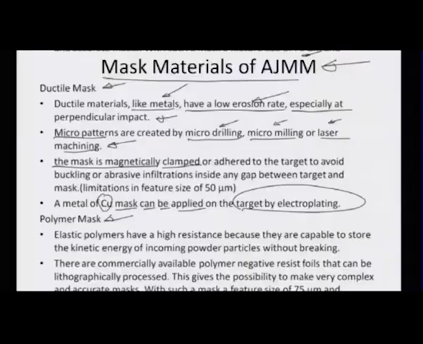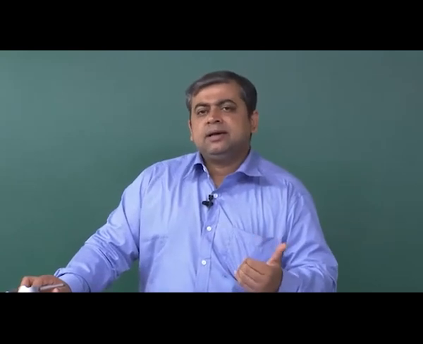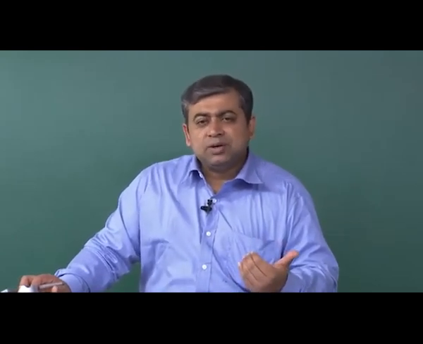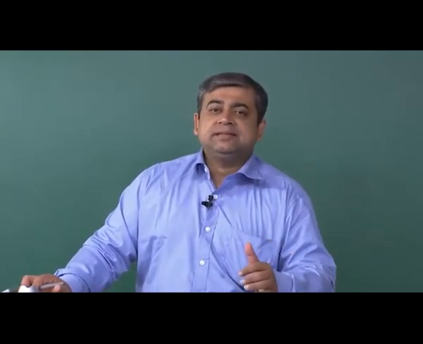So the mask is magnetically clamped or adhered, in this case to the target, to avoid any buckling or infiltration issues associated with the abrasive, and the whole micro machining would spoil if there is some kind of infiltration in the gap between the mask and the substrate surface.